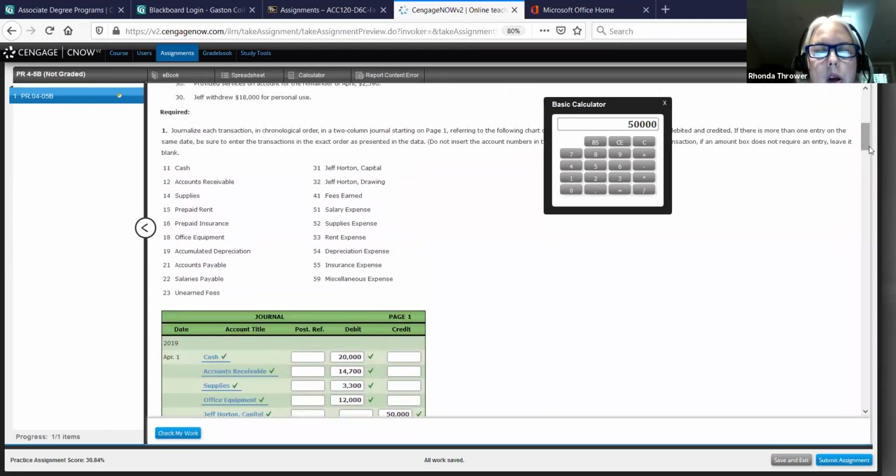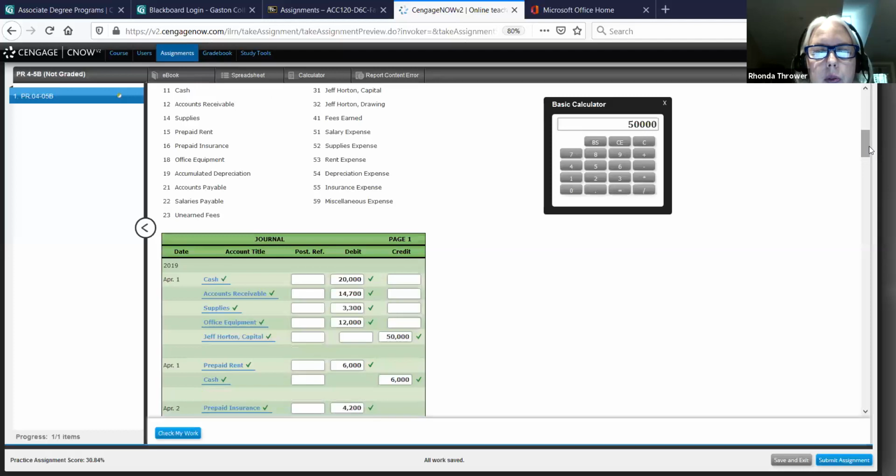So what they want you to do is click on the attached spreadsheet. You should have a bar up here in problem 4.5a that says spreadsheet, or it might say ledger, but click on this spreadsheet so that you can get it to open up.